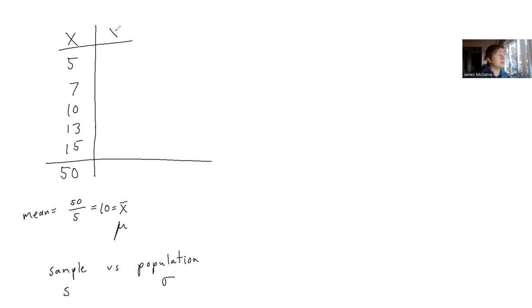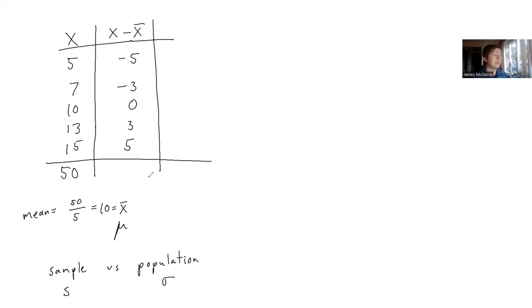So what we're going to do now is find the deviations. The deviations are what we get when we take the data and subtract the mean from it. So 5 minus the mean, 5 minus 10 is negative 5. 7 minus 10 is negative 3. 10 minus 10 is 0. 13 minus 10 is 3, and 15 minus 10 is 5.